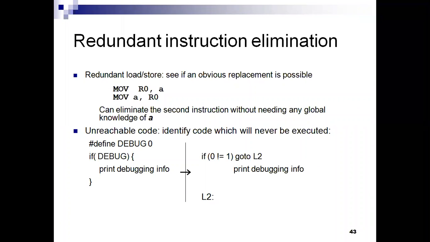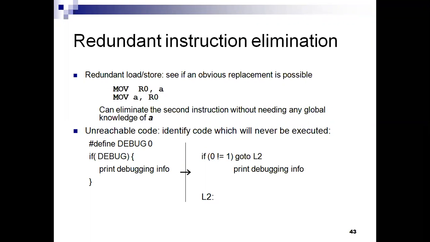We can eliminate the second instruction, since a is already in R0. But if the instruction move a, R0 has a label, then we cannot remove it. This is the way of eliminating redundant instructions.